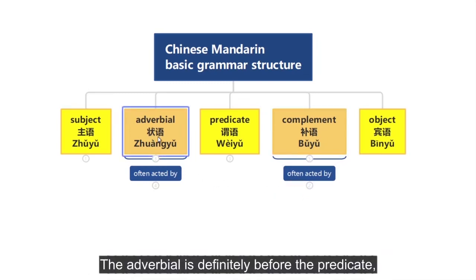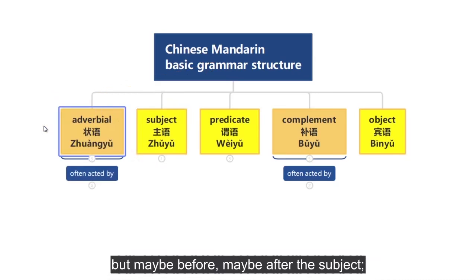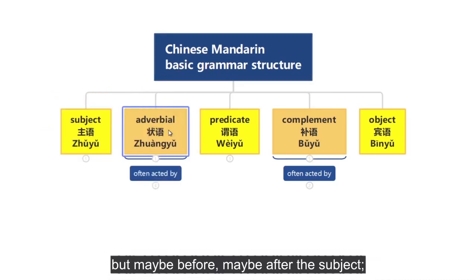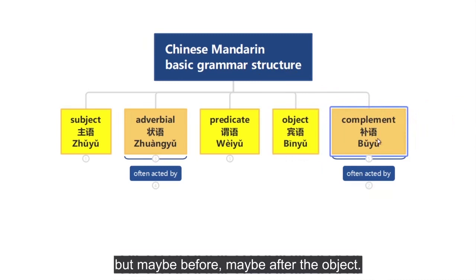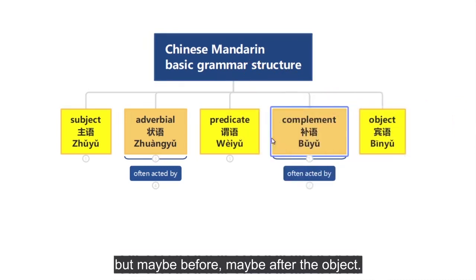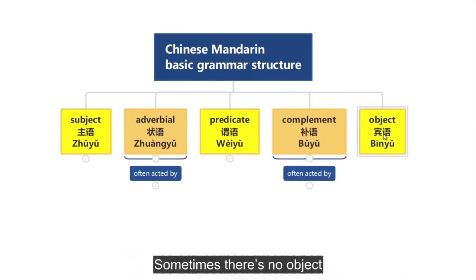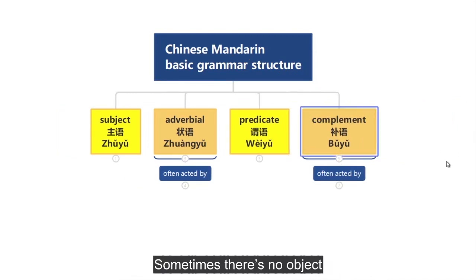The adverbial is definitely before the predicate, but maybe before, maybe after the subject. The complement is absolutely after the predicate, but maybe before, maybe after the object. Sometimes there's no object.